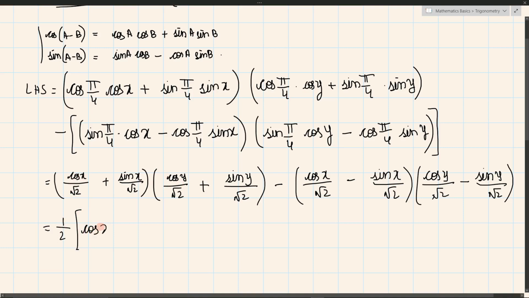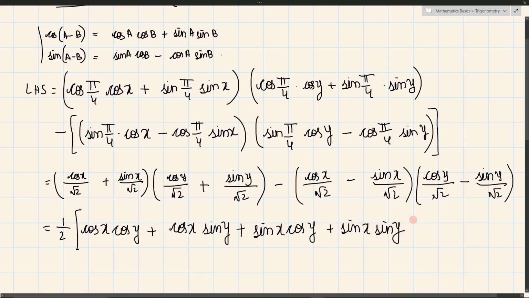So if we take 1 by 2 as common, then we multiply this: cos x cos y plus cos x sin y plus sin x cos y plus sin x sin y. Then we'll have minus cos x cos y, minus into minus plus cos x sin y, again minus sin x cos y, minus into minus plus sin x sin y.